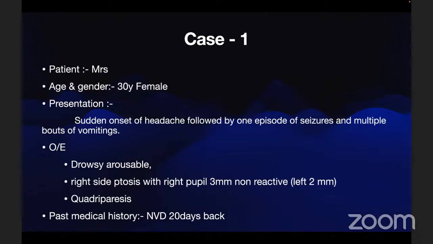On examination, the patient was drowsy but arousable, with right-sided ptosis, pupillary asymmetry and quadriparesis. She had delivered a baby 20 days back through normal vaginal delivery.